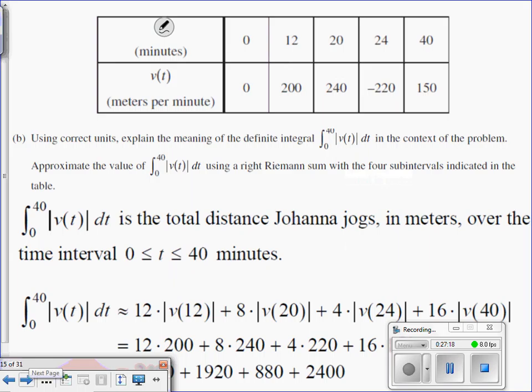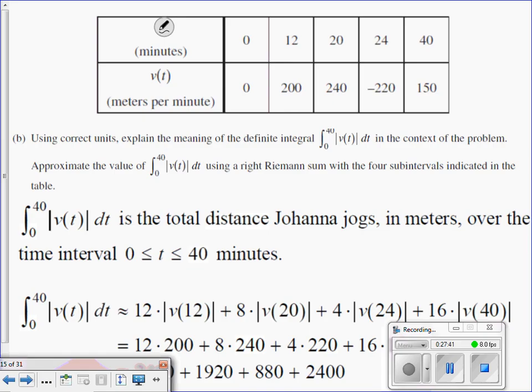Next one. Using correct units. Don't skip over the whole part of this question. Make sure you're reading it. Using correct units, explain the meaning of the definite integral from 0 to 40 of the absolute value of v of t. When you integrate the absolute value of the velocity, what do you get?